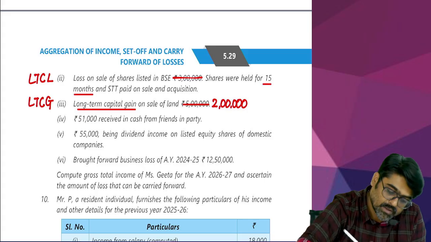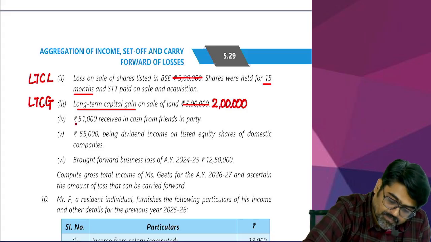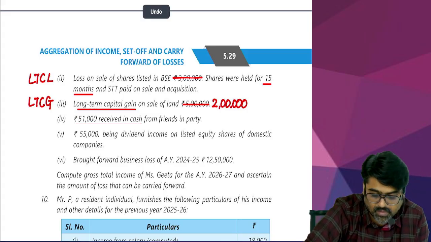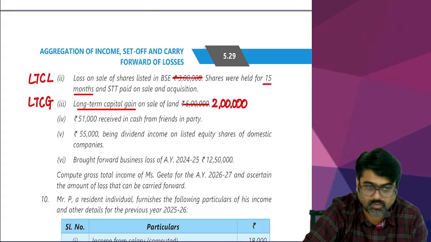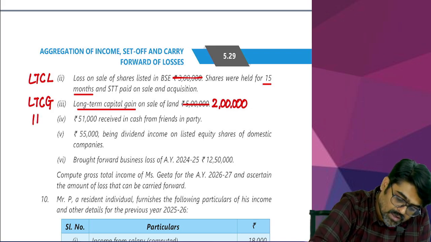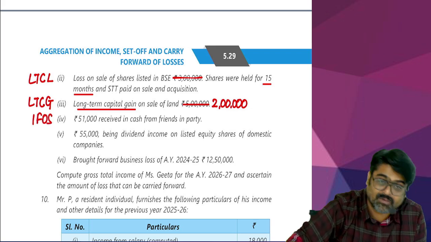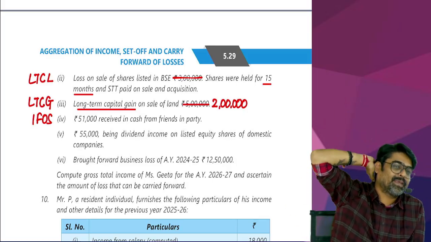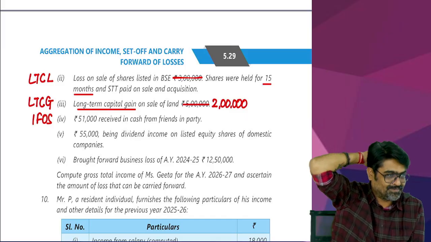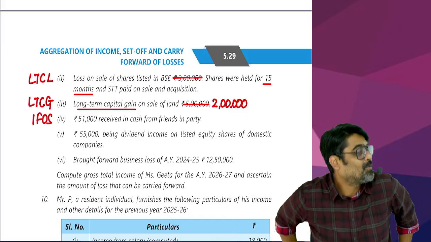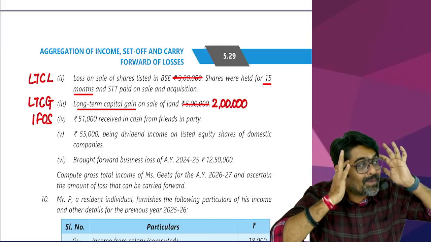Understanding or not? So now 51,000 received in cash from friends in a party. Your friends are giving you 51,000. What is this? Gift. This is your IFOS income. Now my one question. Guys, from your gift income, can you set off your losses? For that you need to remember the exceptions.